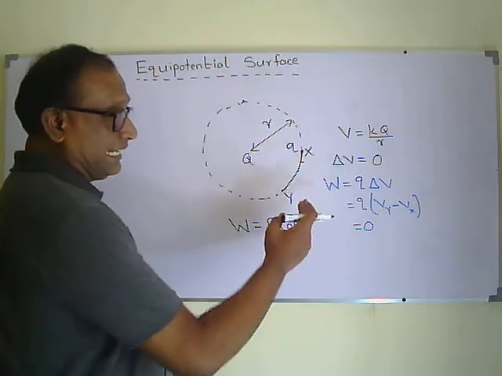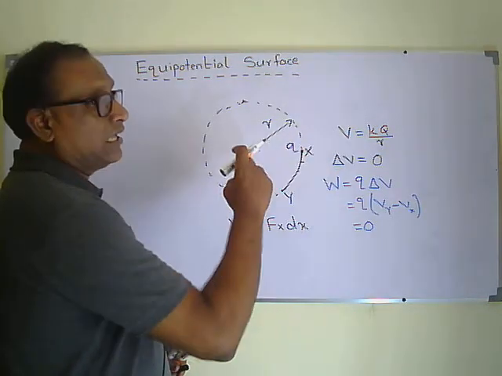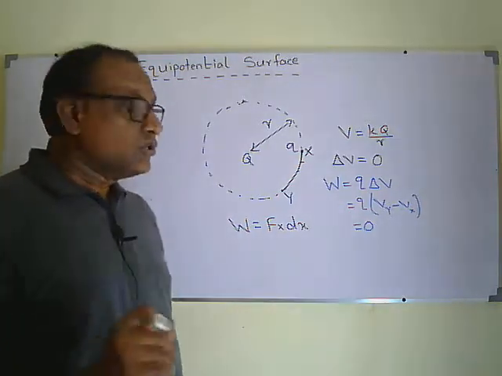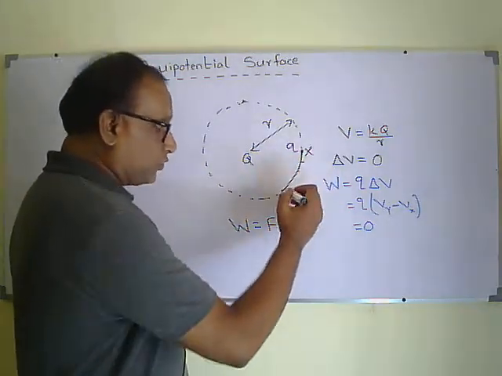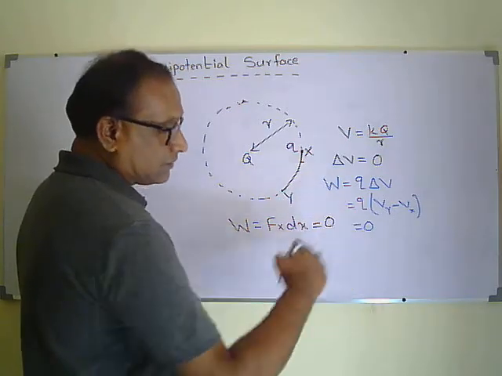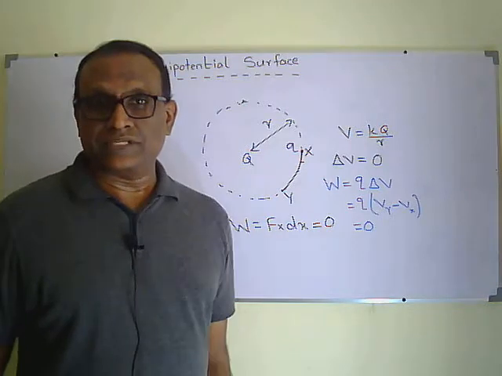Careful, I am specifically considering motion along the equipotential surface. But when it moves from x to y, we know that the work done is already 0, since it is an equipotential surface.